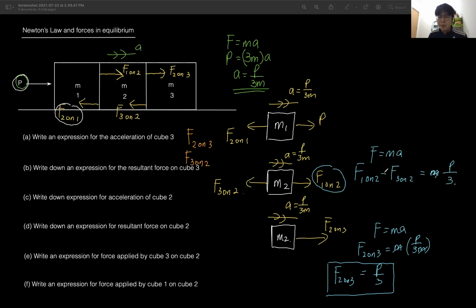How about this one, 3 on 2? 2 on 3 is the same as 3 on 2, action reaction. So this one is also P over 3. F1 on 2 minus P over 3 equals to P over 3. So to find F1 on 2, that is 2 over 3 P.